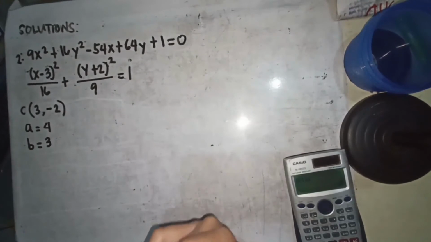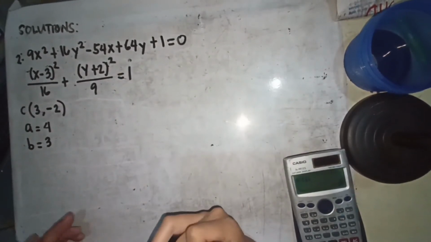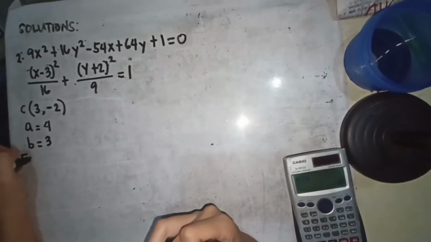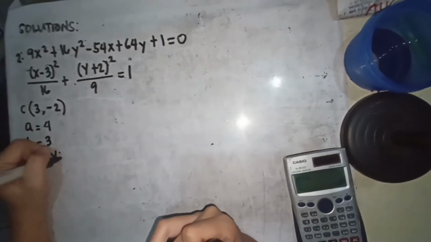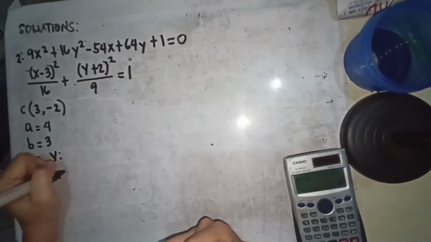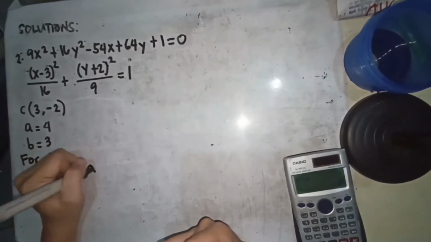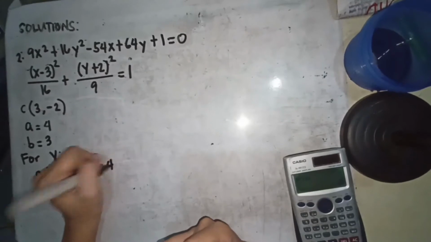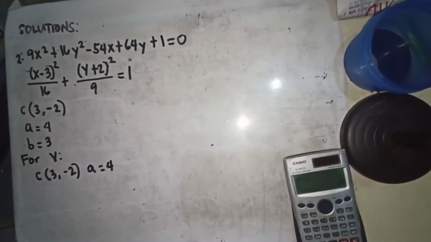So, we can now get the coordinates of our vertices and co-vertices. So for vertices, okay, we have again center at 3 and negative 2. And we also have the distance A that is equals to 4. Now, i-determine sa nato kung ang ato bang ellipse is horizontal or vertical.